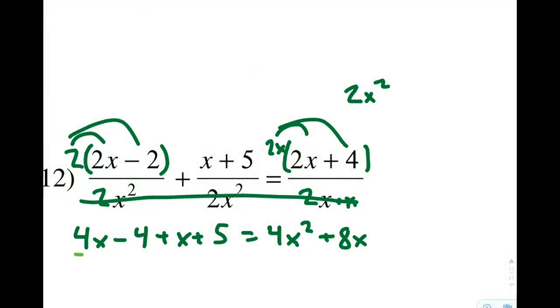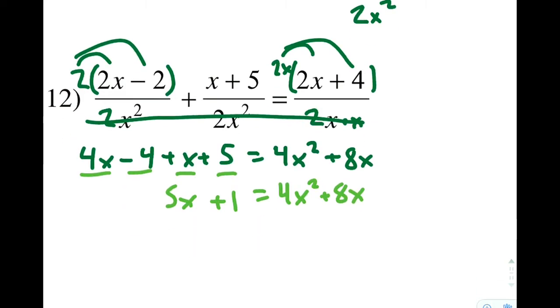So to do that, let's combine our like terms first to get 5x, and our like terms negative 4 and 5 to be a positive 1. Then I'm going to subtract 5x from both sides and subtract 1 from both sides, and I'm left with 0 is equal to 4x squared plus 3x minus 1.